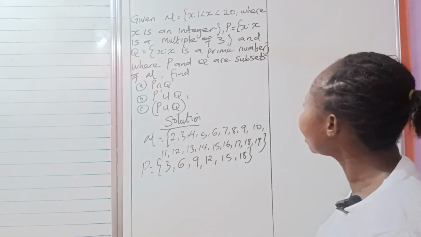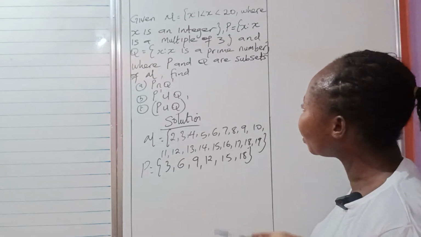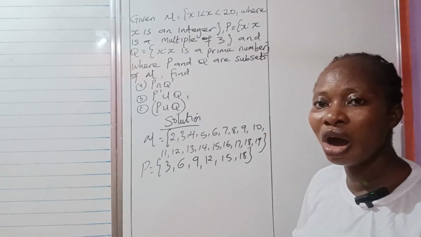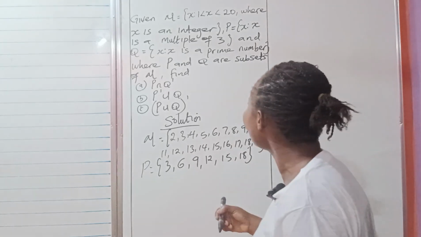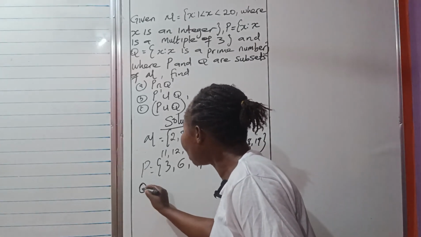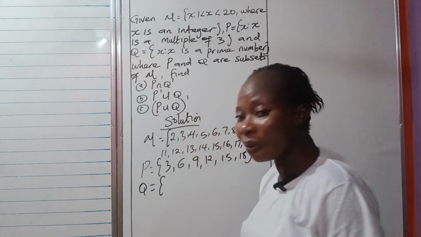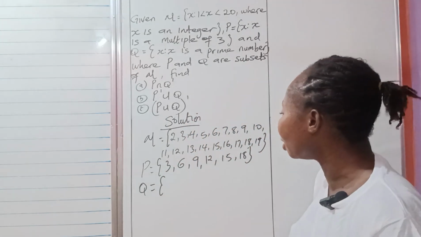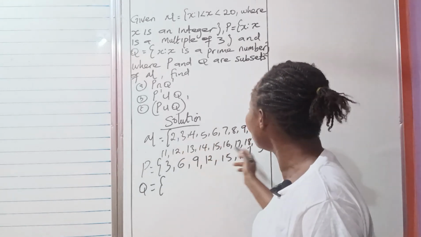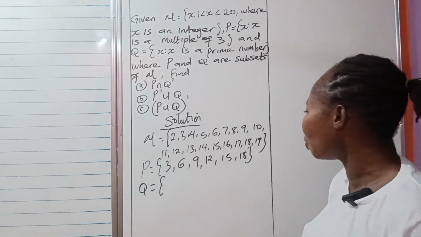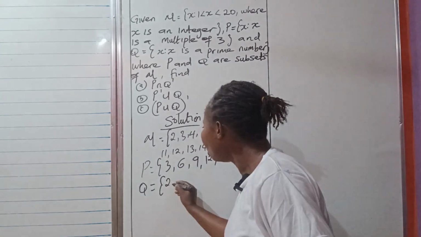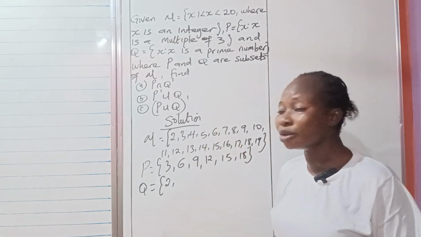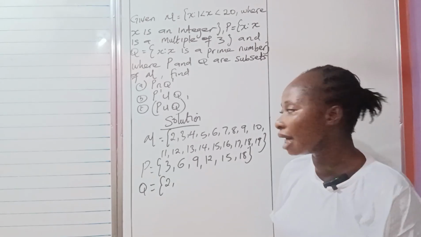And the next one is q, such that x belongs to the universal set, the set of all prime numbers. So what is a prime number? A prime number is a number divisible only by itself and 1. So between 2 and 19, what are the prime numbers that we have? 2 is a prime number. 2 is an even number, but yes, it is a prime number because 2 has only 2 factors, 1 and itself.